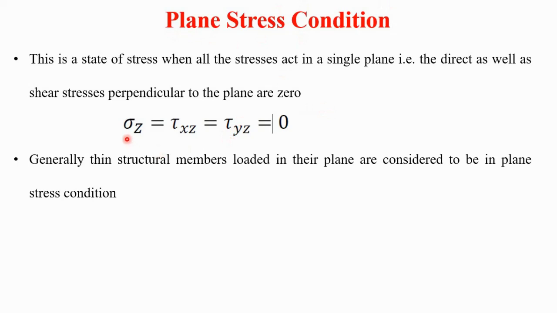So here we can see sigma z, tau xz and tau yz are equal to 0, that is, the perpendicular stresses are 0. Generally, thin structural members loaded in their plane are considered to be in a plane stress condition.